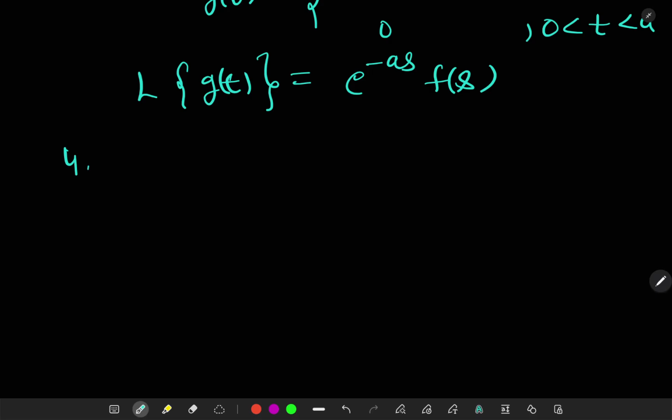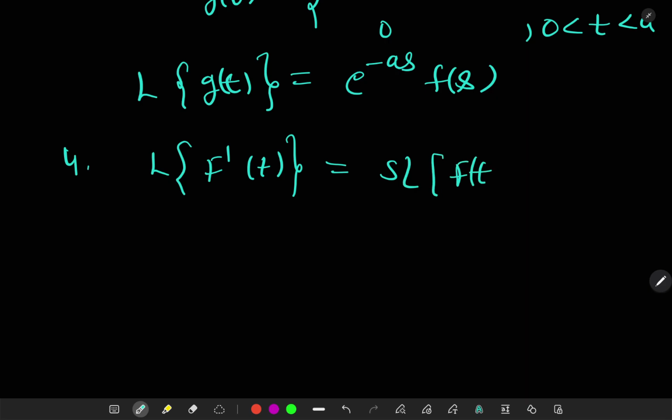And the fourth property: the Laplace transform of f dash t is equal to s times the Laplace transform of f(t) minus f(0).